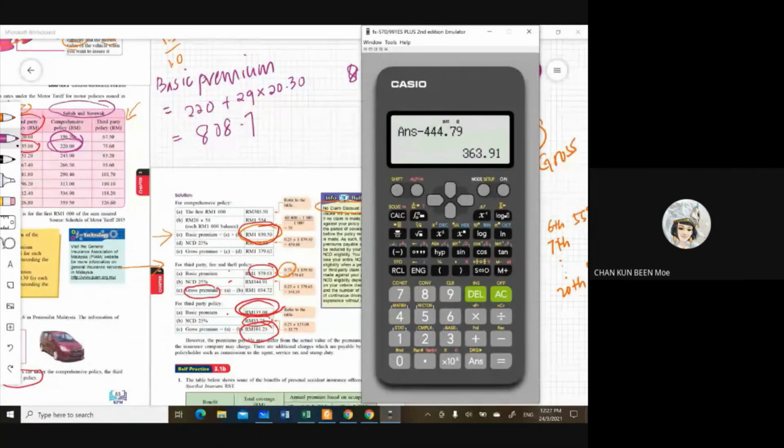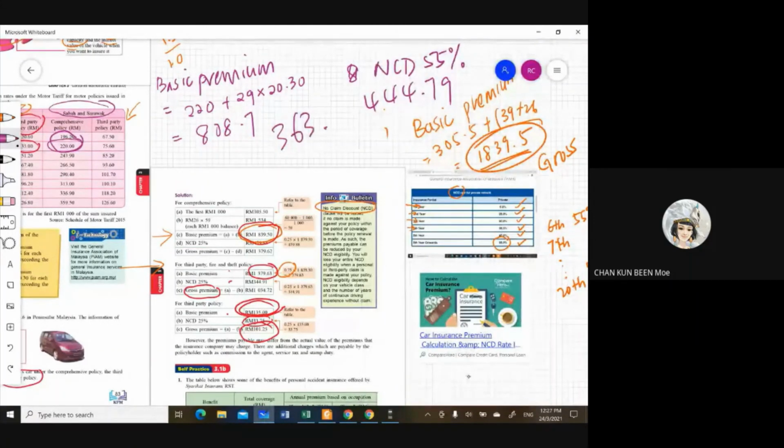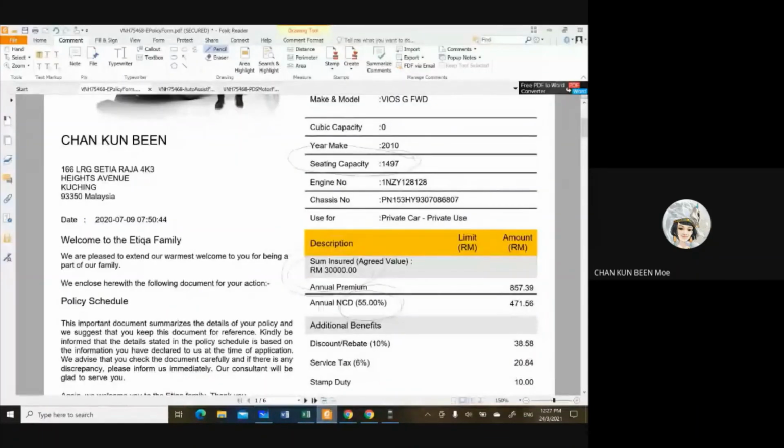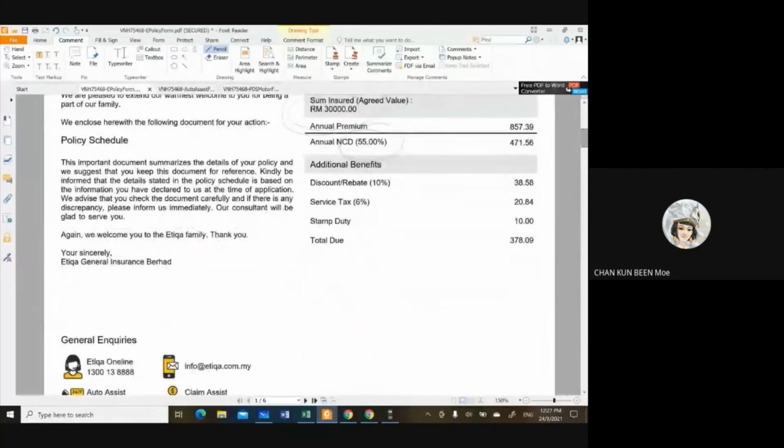So I'm supposed to pay 363.91 for my premium. But what I have over here, you can see my payment is not 363.91. I have to pay, let me show it to you, 378.09. Why is the amount different?